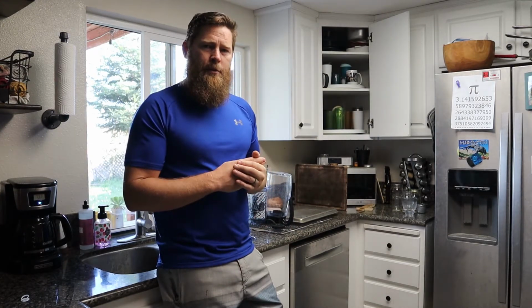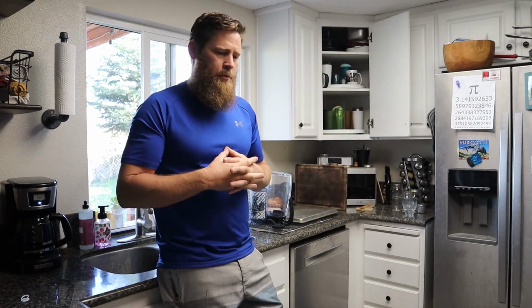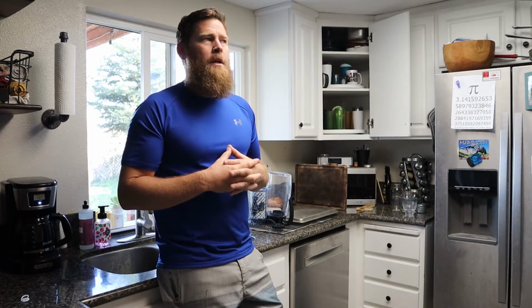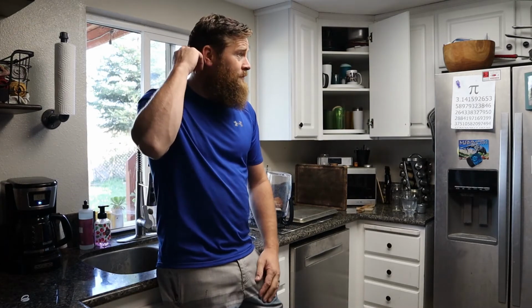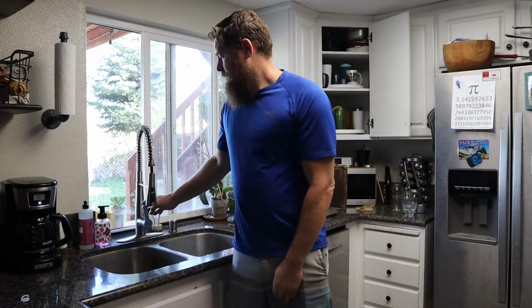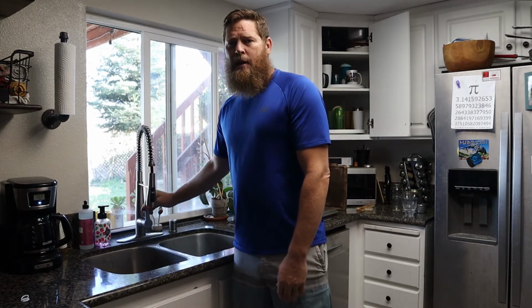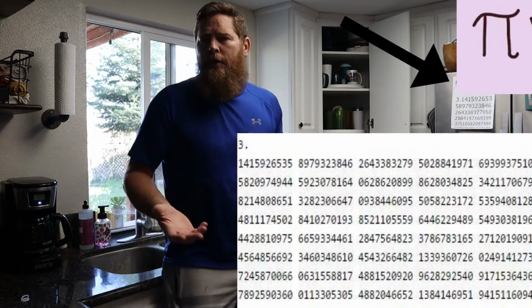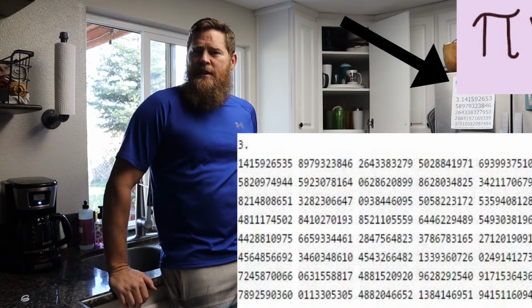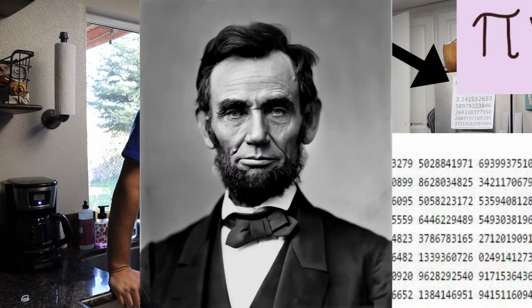Two other types of memory that we can retrieve from long-term memory are, say, semantic memory. Semantic memory might be like, hot water is down, cold water is up. Lincoln was the 16th president of the United States.